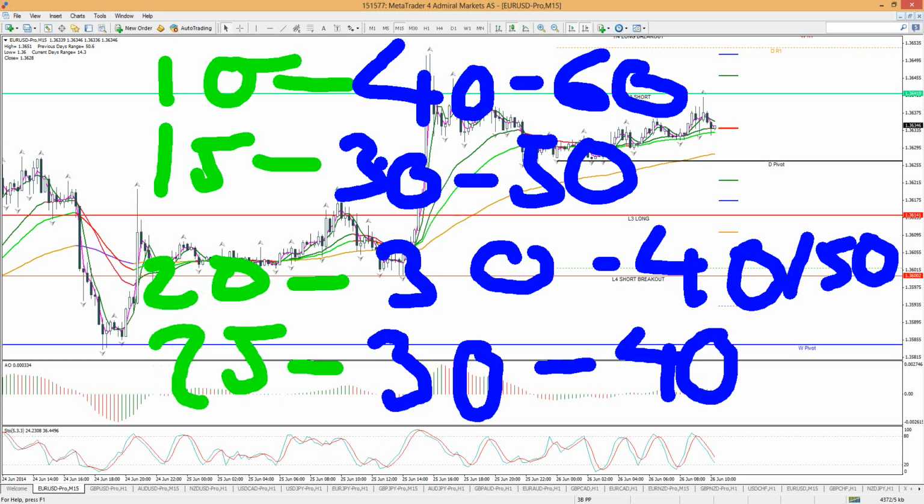Let me see what kind of data they used. It was really, I think, substantial data. Mind you, though, that this was done on daily charts, as far as I can see.